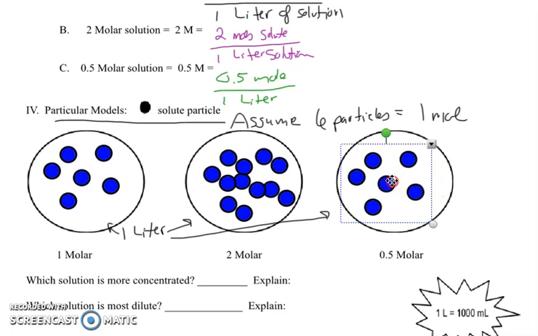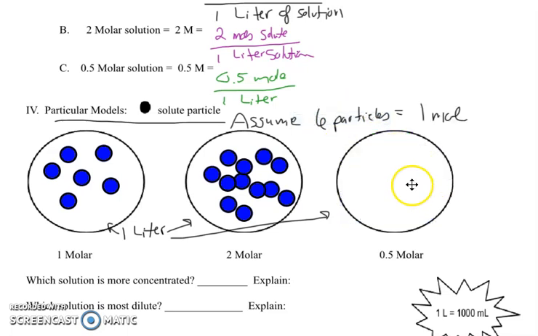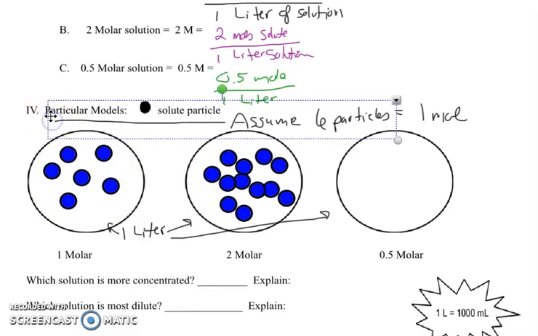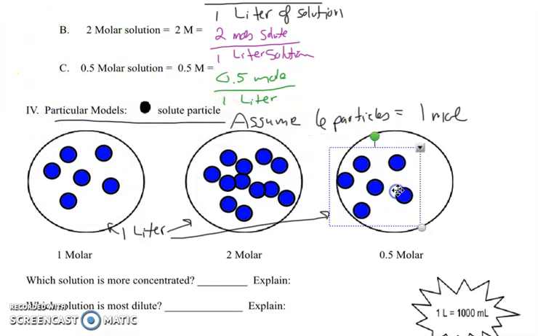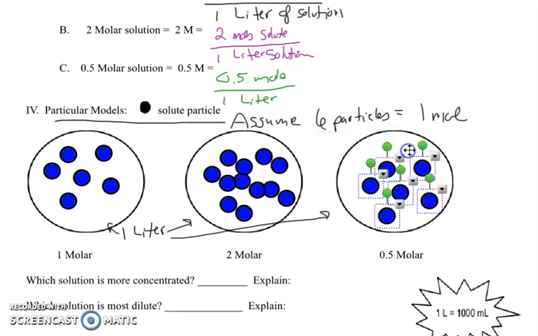So I don't need 6. I only need 3. Let's see if I can draw 3 here. 1, 2, 3. So that's a visualization of what's going on at a particular level.